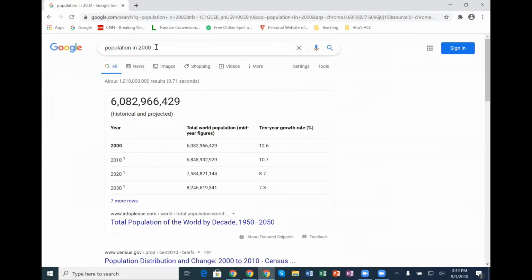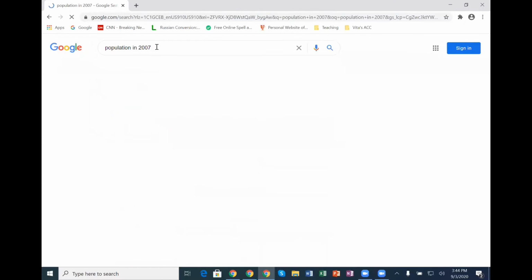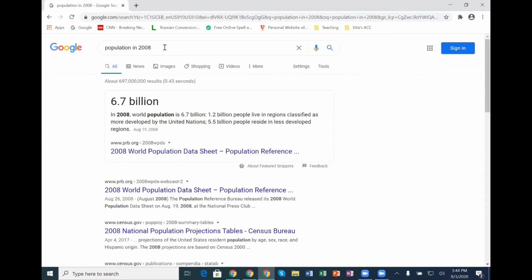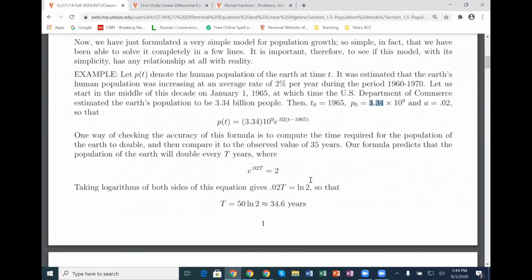Let us see when it doubled. Let me put here 7. Well, it's approximately 2007, 2008. So the exact number is approximately 42, 43 years. But according to this formula, it's approximately 35 years. Still pretty good estimate.